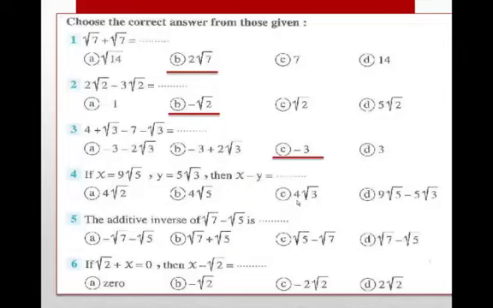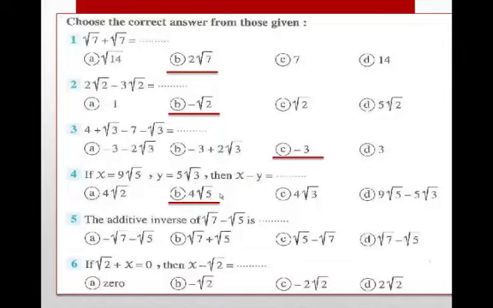If x equals 9 root 5 and y equals 5 root 3, then x minus y is 9 root 5 minus 5 root 3. It becomes 4 root 5? That's wrong.